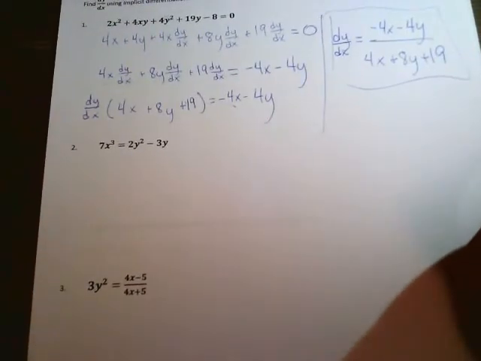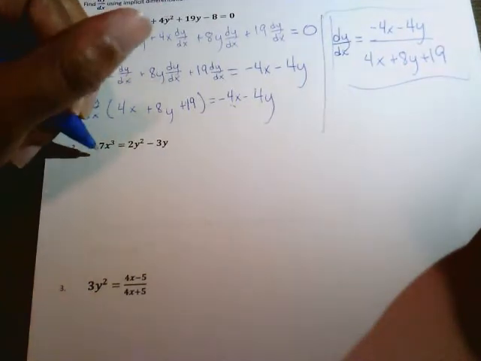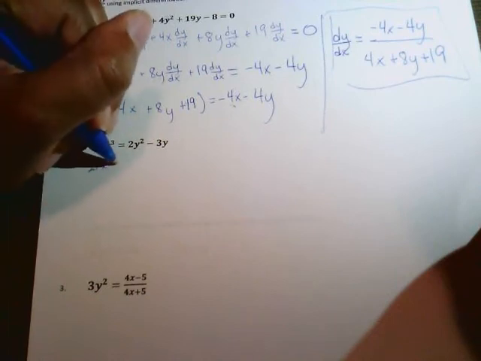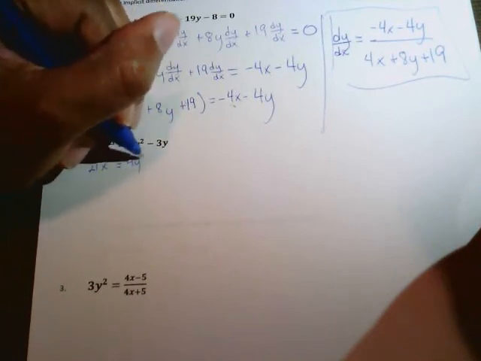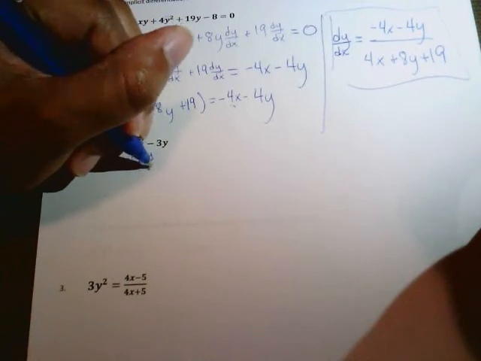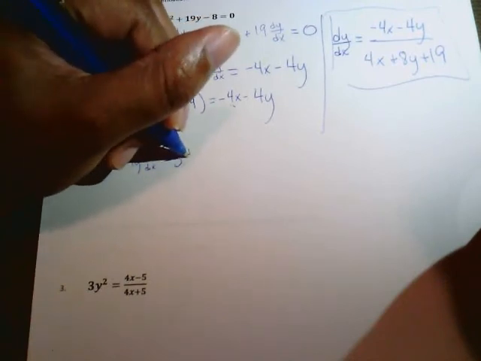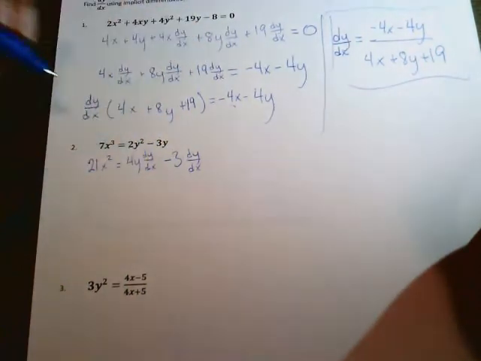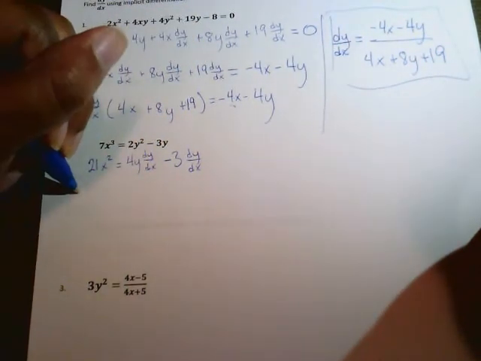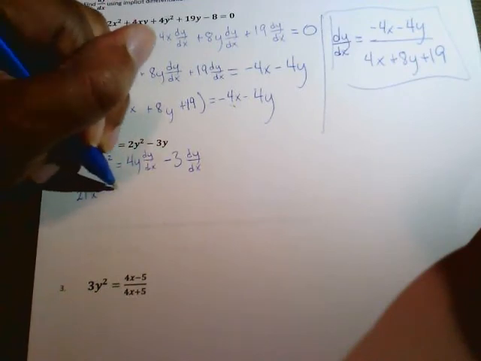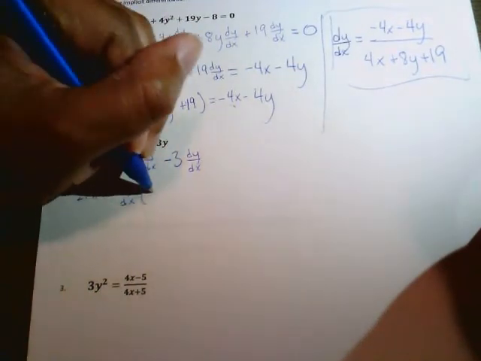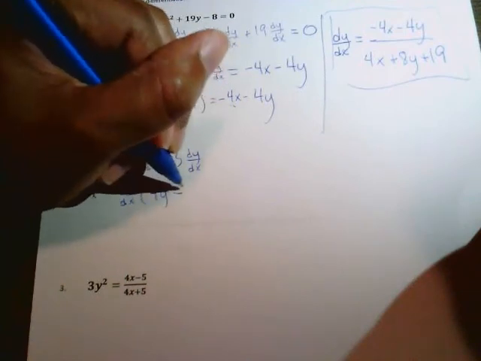We have 7x cubed equals 2y squared minus 3y. So on the left side, we'll have 21x squared equals 4y dy dx minus 3 dy dx. Then we need to factor out the dy dx to get it by itself. So we'll have 21x squared equals dy dx times 4y minus 3.